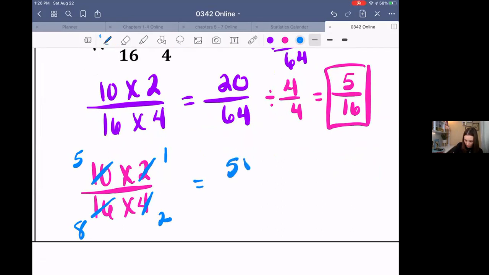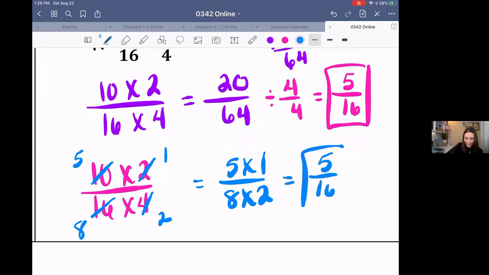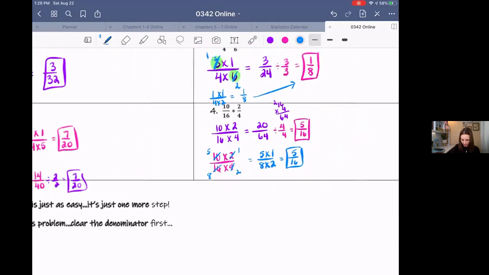And that's where you get the 5/16. That's so neat. That's one of the things I love about math, that you don't have to do it one way. You can do whatever way that you're comfortable with, and as long as it's mathematically sound, it should come out the same.